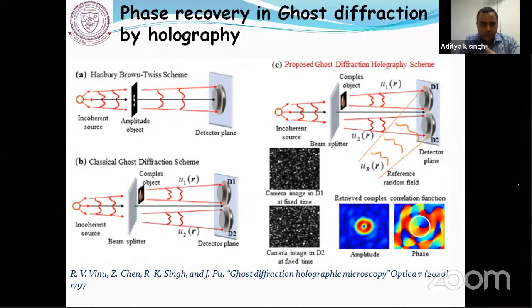One part goes through the object, and the object is complex. Please remember, the object is complex, meaning it has both amplitude and phase. We can extend to the correlation, but right now I'm considering only amplitude and phase. The other part, without going through the object, is detected by detector D2.